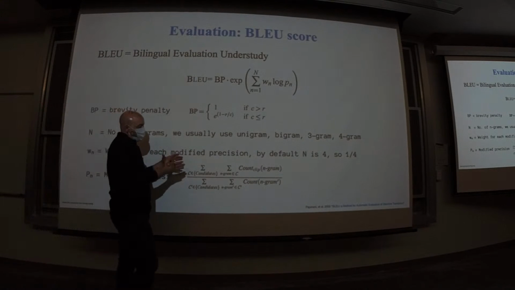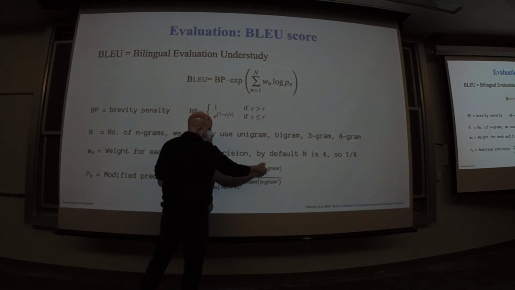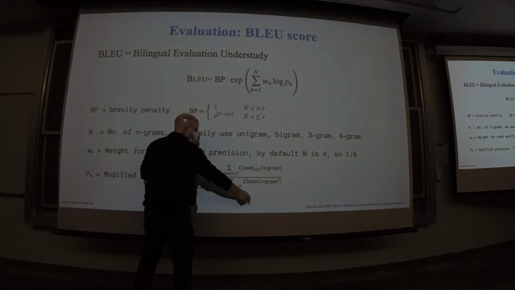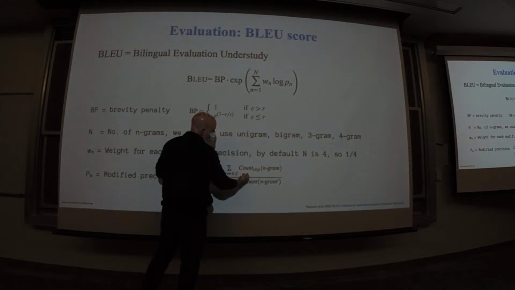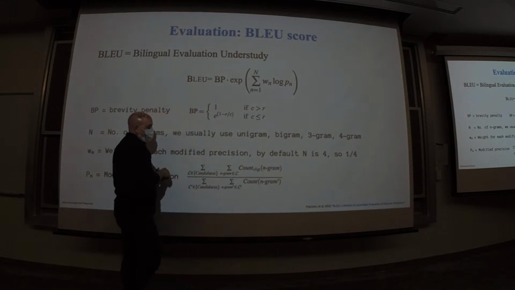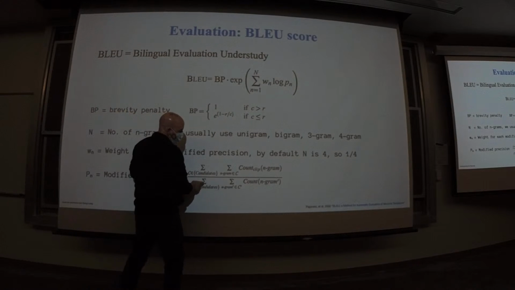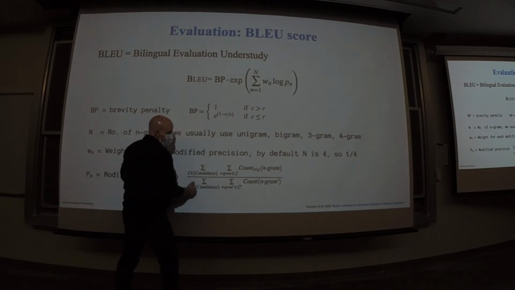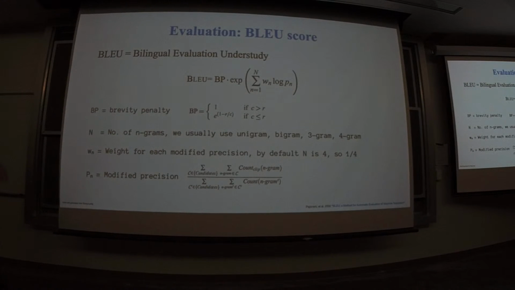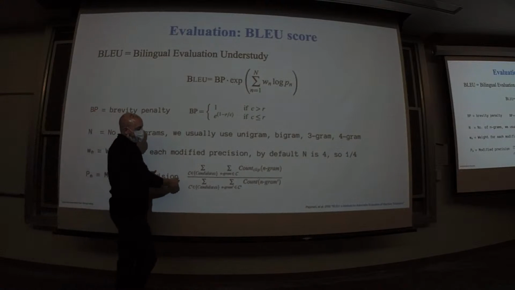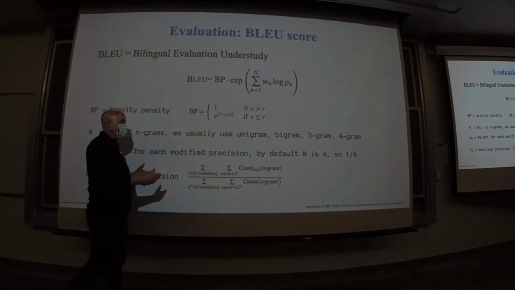So what I want to do is look at all those translations that I created from my algorithm, look at all the possible n-grams there, and count them up if they also occurred as one of the n-grams in the human translations. So you're getting a fraction of all the possible n-grams in the translations. How many of those did I actually get right?